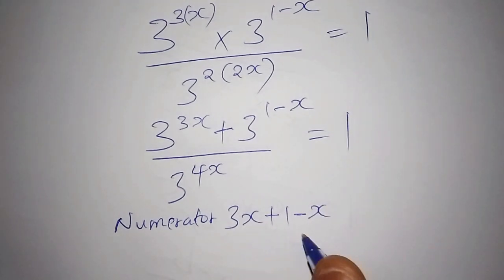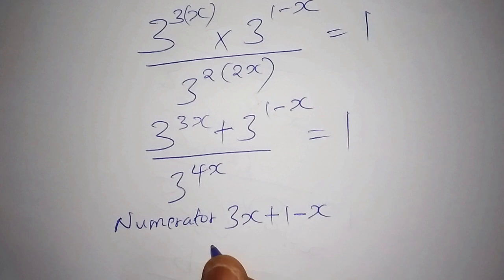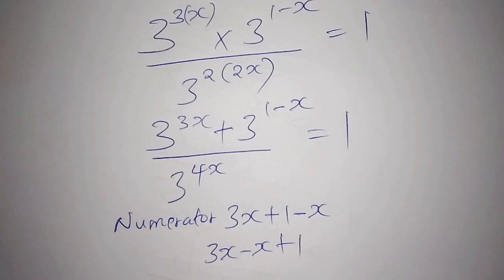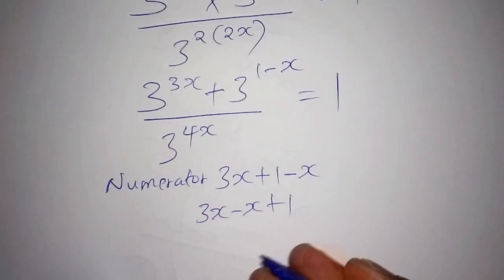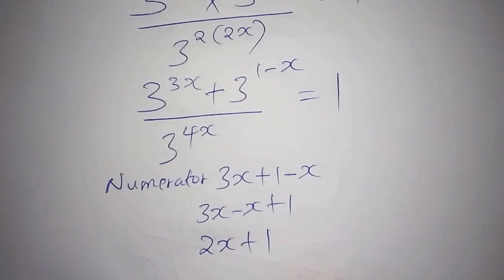This shall give us 3x minus x, so we shall have 2x, then plus 1, so 2x plus 1. This is the same as 3x minus x, then plus 1. So what we shall have as the numerator is 2x plus 1.